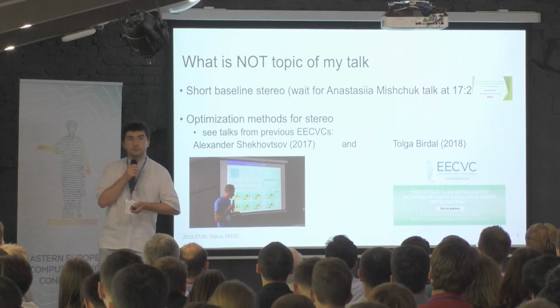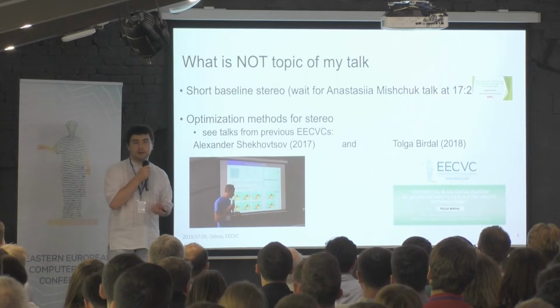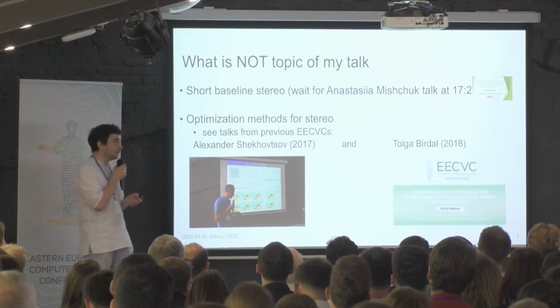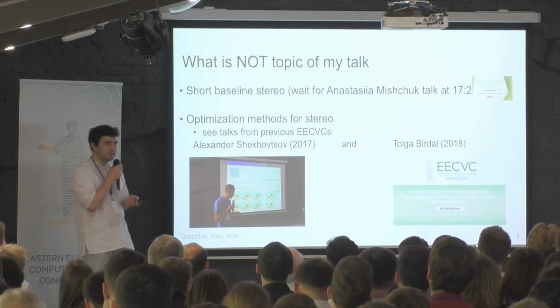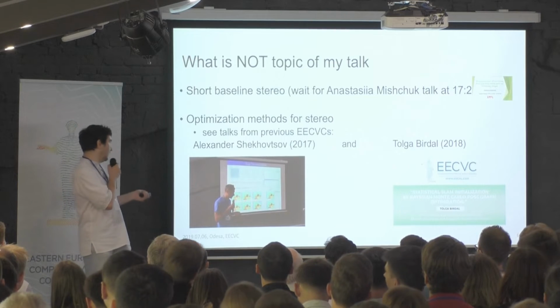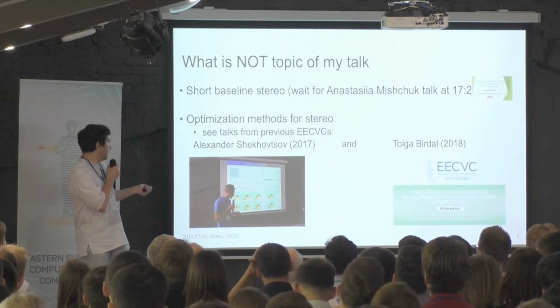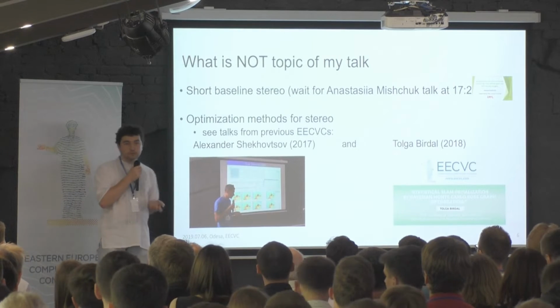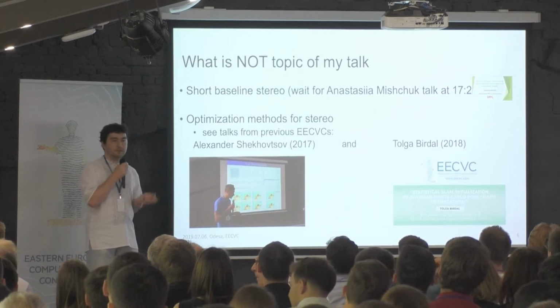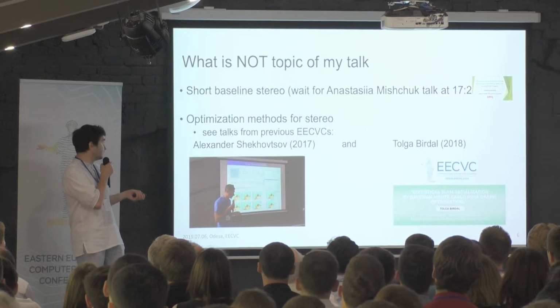Also, I would not speak about short baseline stereo. It would be covered by Anastasia later, and I would not cover the optimization for the stereo, because it was covered in last years, and also mentioned by Bogdan. So there are already a lot of talks about this.